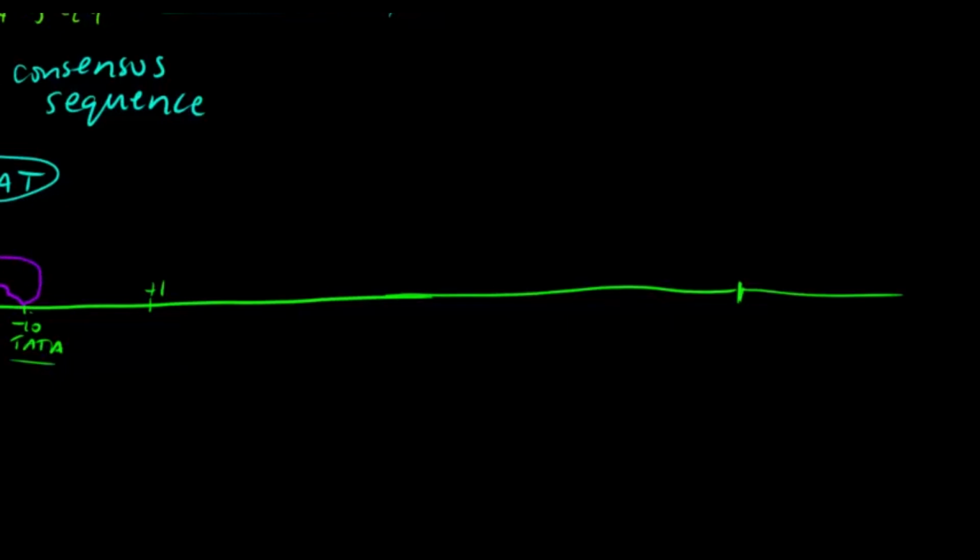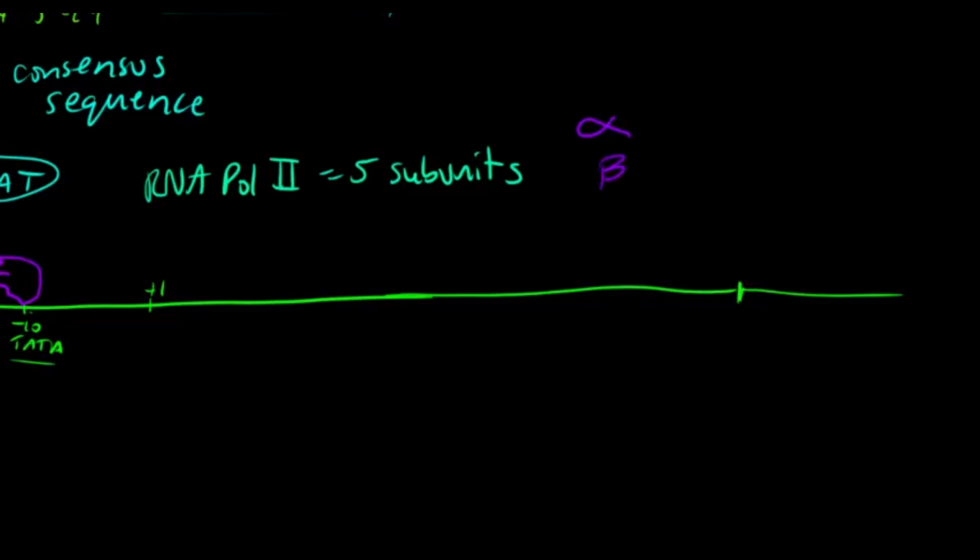Sigma factor is a part of polymerase 2. RNA polymerase 2 consists of 5 subunits: there's an alpha subunit, beta subunit, the sigma subunit, the beta prime subunit, and another alpha subunit.